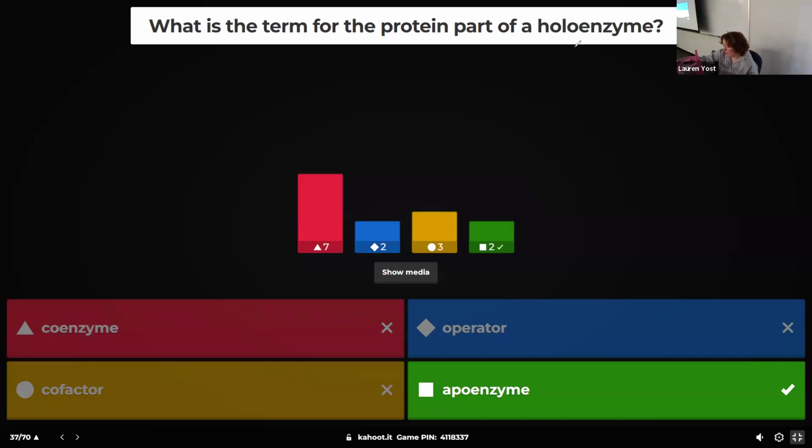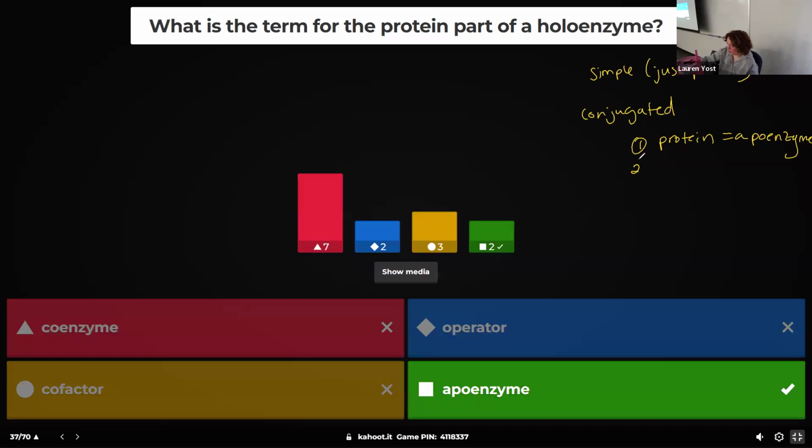So there's two types of enzymes that you can have. Simple, which is just protein, and conjugated. In a conjugated enzyme, you have a protein portion, which is called the apoenzyme, and a non-protein portion.